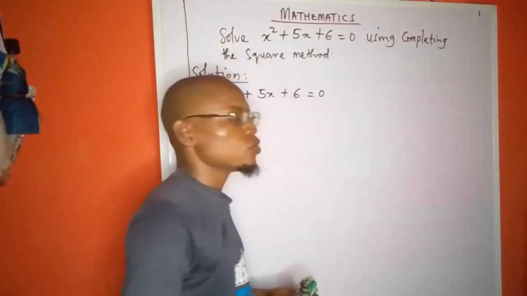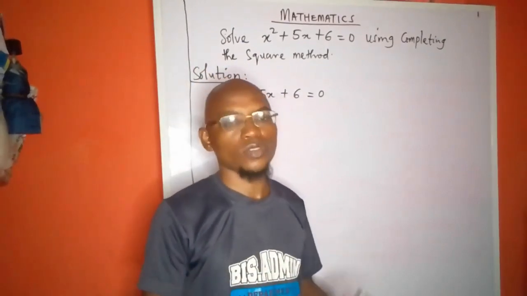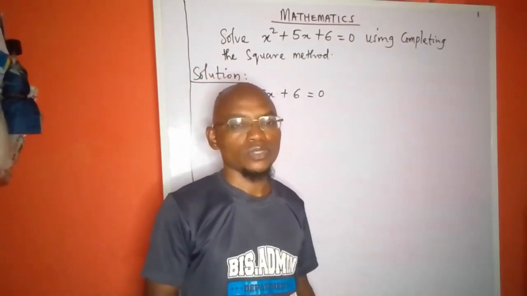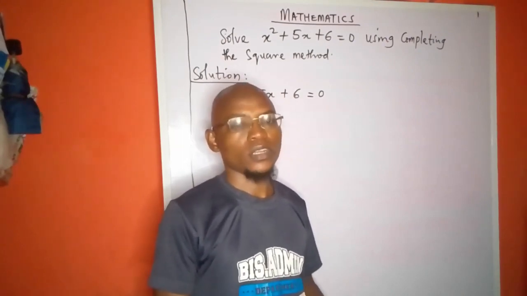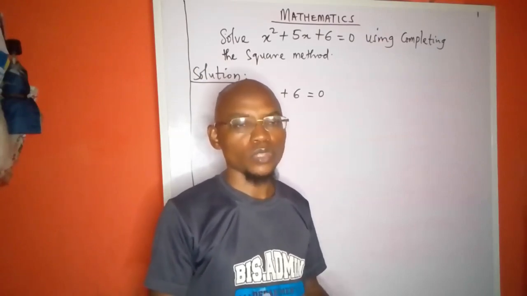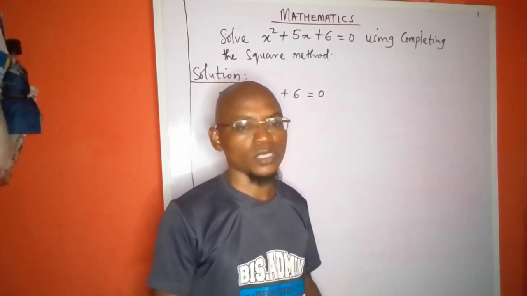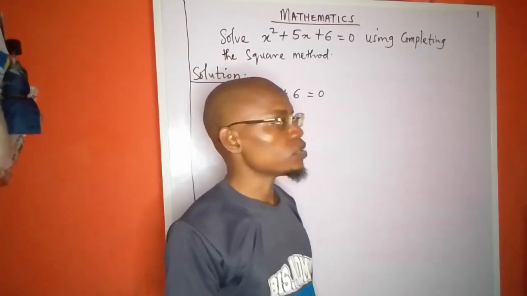Now before you start using the completing the square method, there are some steps you have to take. There are rules that will guide you, so that you will know this is the first thing I have to do before starting to use the method.